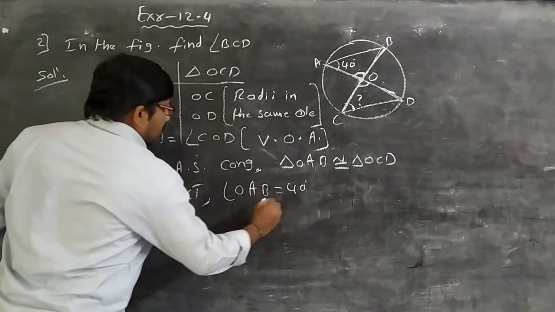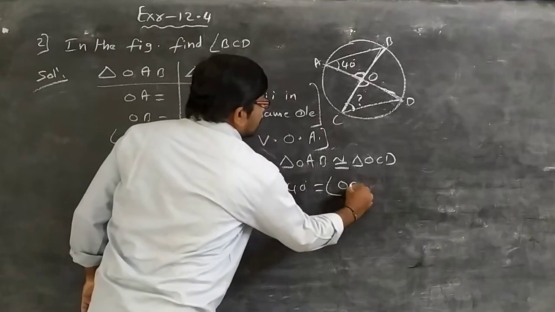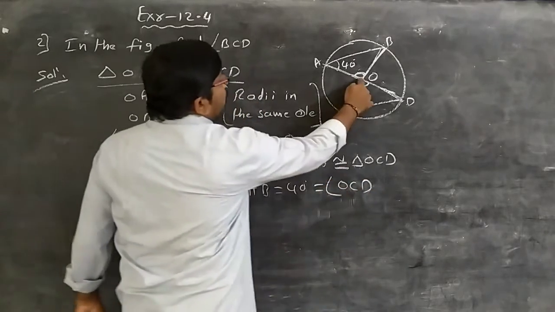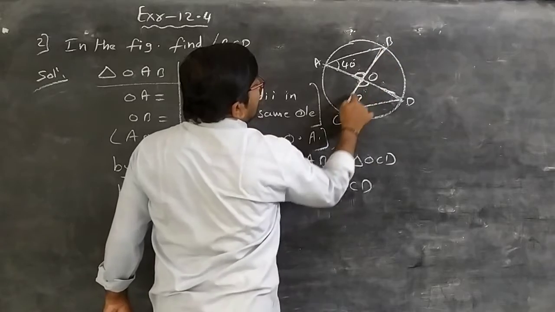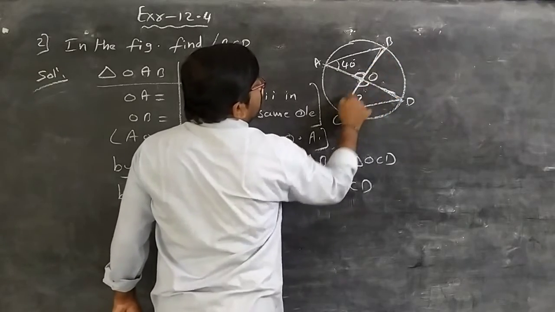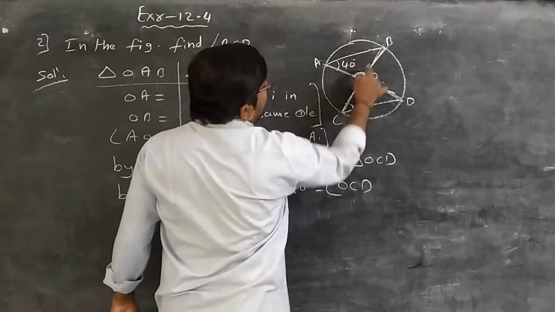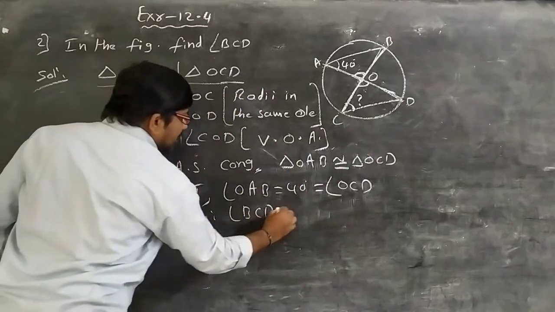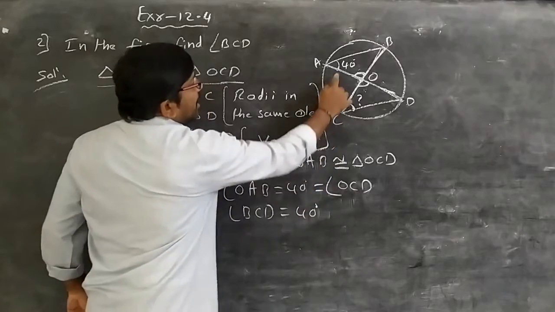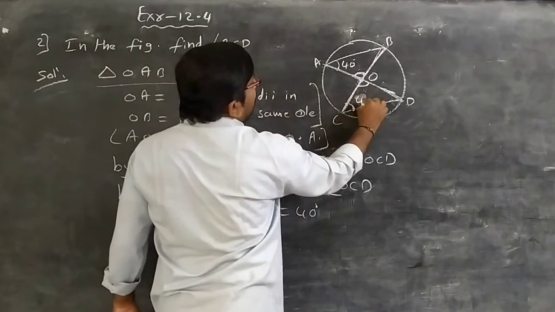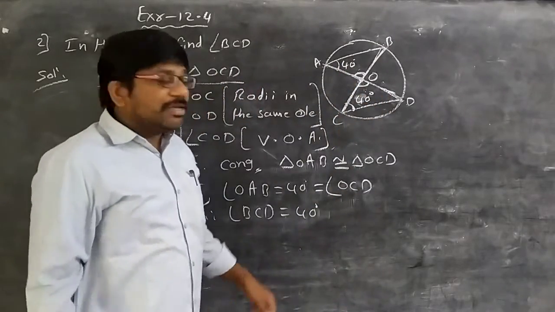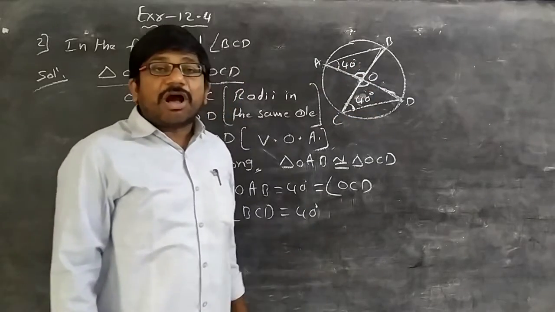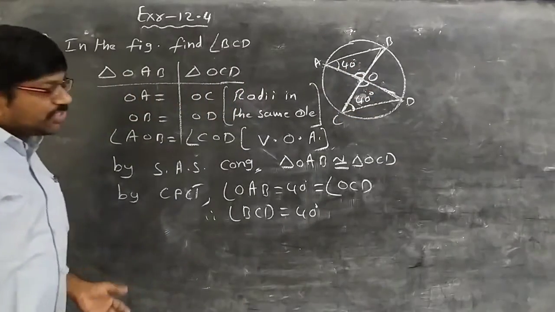So OCD can be written as BCD, because OC is part of BC. Therefore, angle BCD is equal to 40 degrees. Why? Because these two triangles are congruent triangles, right?